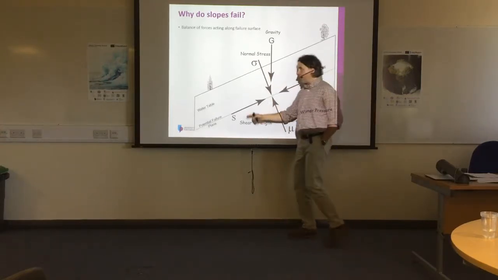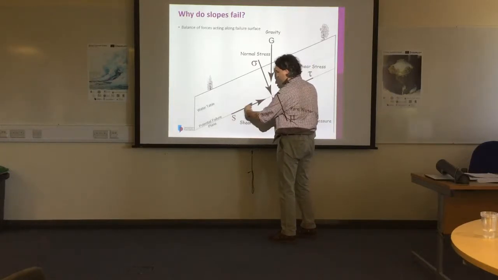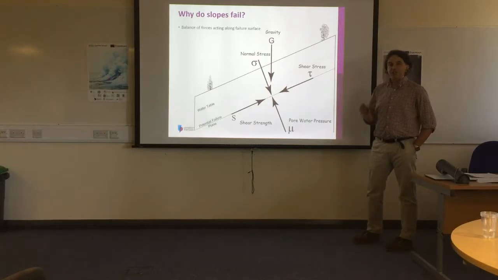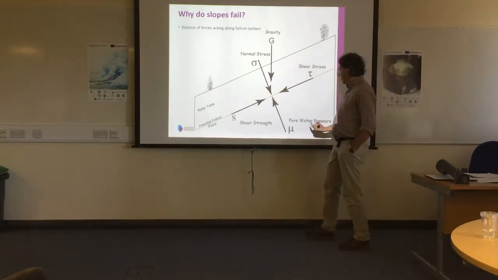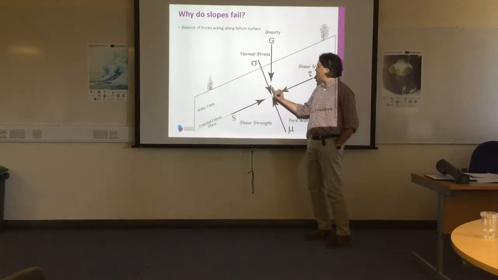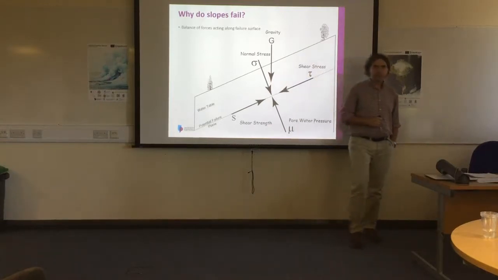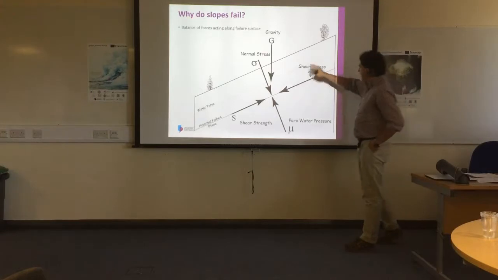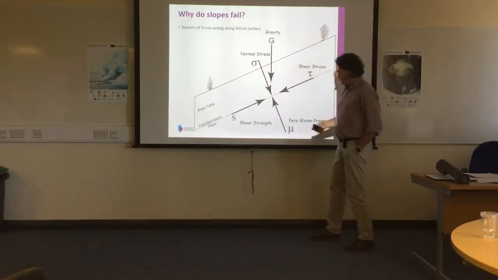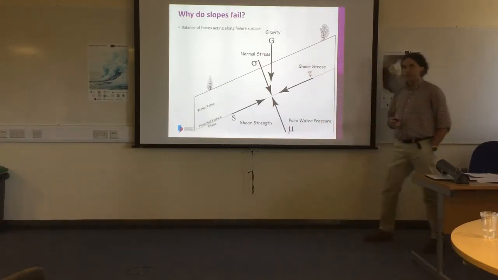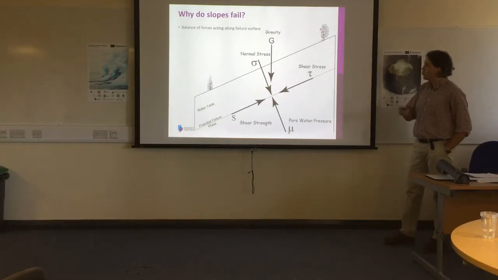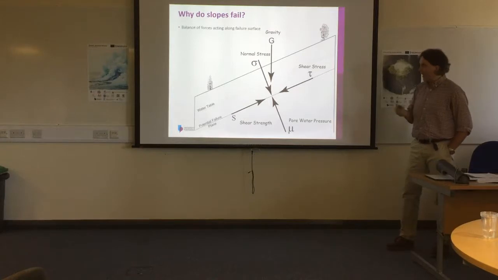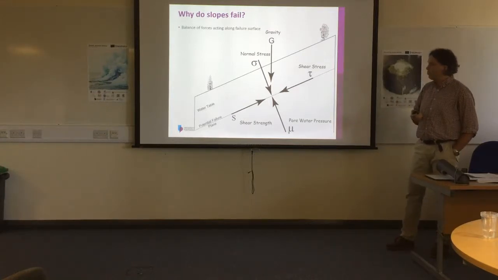We have the shear strength, that's cohesion and friction, acting to stop that taking place. And then we have an additional factor called pore pressure, which is water, acting against your normal stress. All of these act together on the slope. If the driving forces overcome the strength, then your slope will fail. We as engineers or engineering geologists will try to quantify and measure that to understand how stable the slope is.